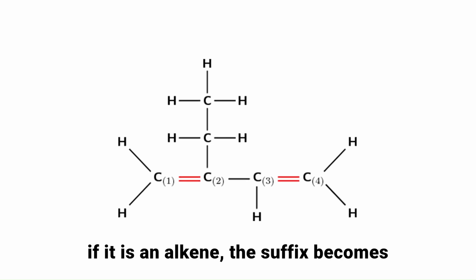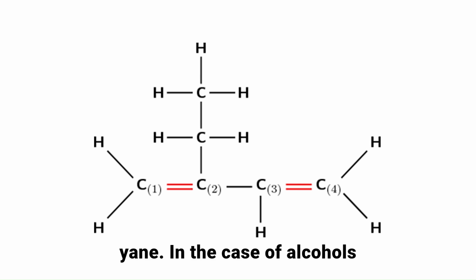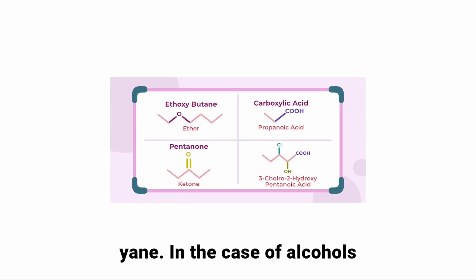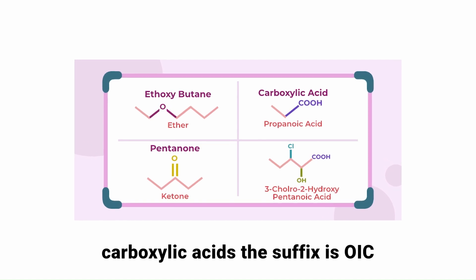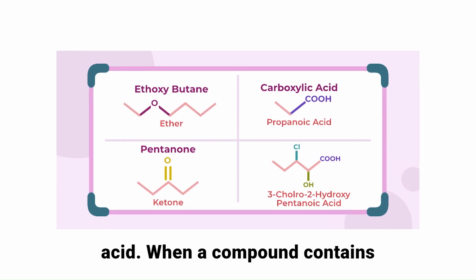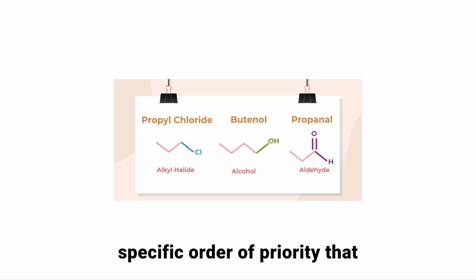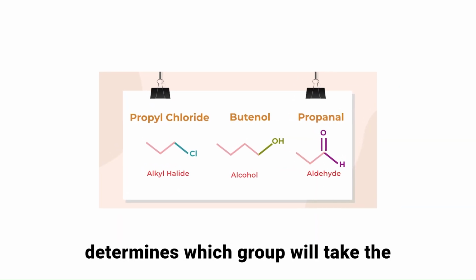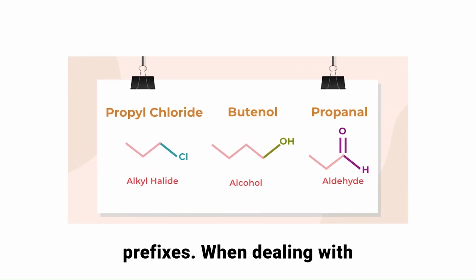If it is an alkene, the suffix becomes ene, and for alkynes, the suffix is yne. In the case of alcohols, the suffix changes to ol, and for carboxylic acids, the suffix is oic acid. When a compound contains multiple functional groups, there is a specific order of priority that determines which group will take the suffix, while the others are treated as prefixes.